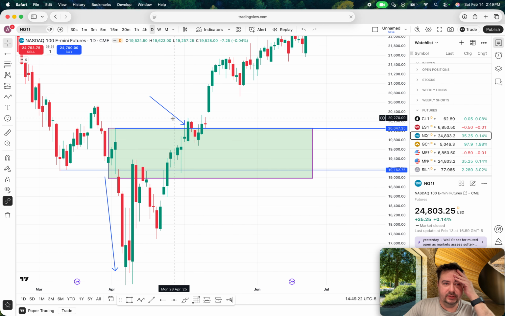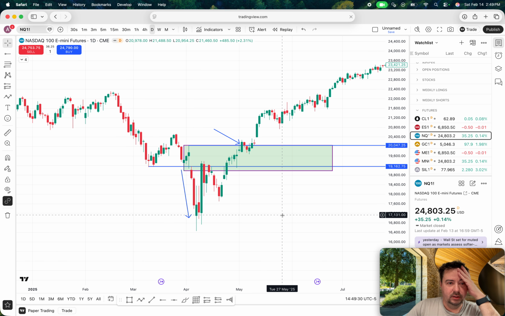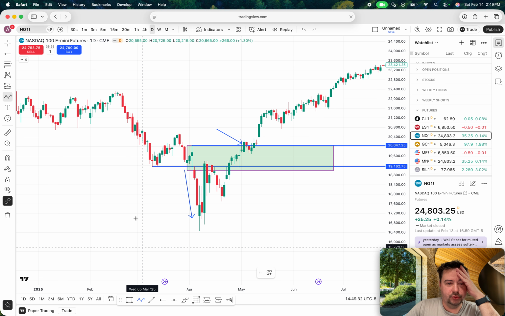That gives us confirmation, confluence, that we are expecting market sentiment to change, because on this daily chart, the entire trend was downward.